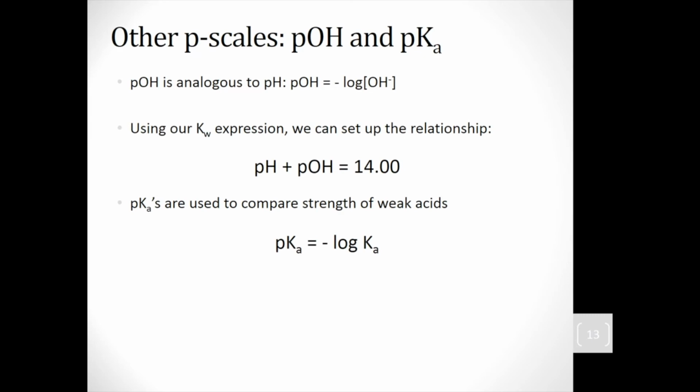pKa, it's a much faster way to report a Ka, because if we have a Ka, that's right. If the Ka were 1 times 10 to the minus 7th, then the pKa would be 7, right? That relationship there, it's easier to report a 7. You'll use pKas a lot in Orgo.